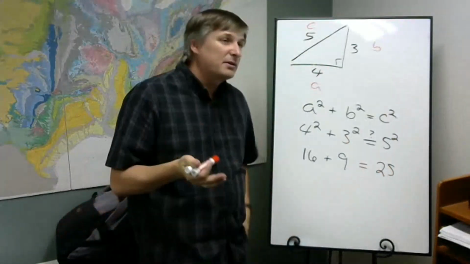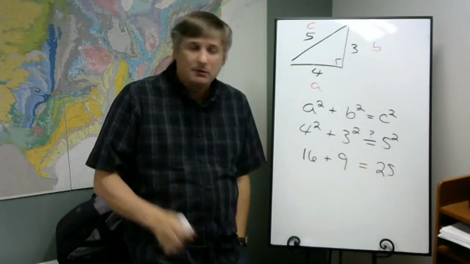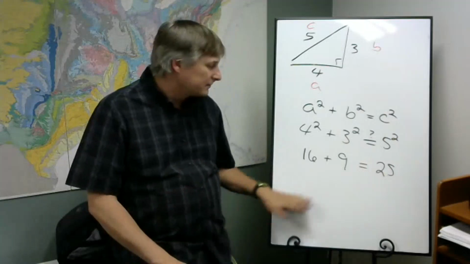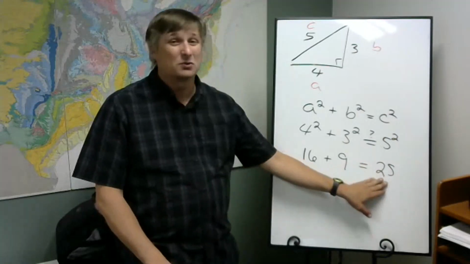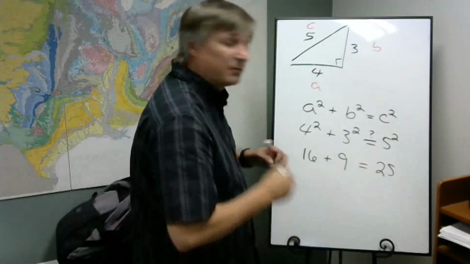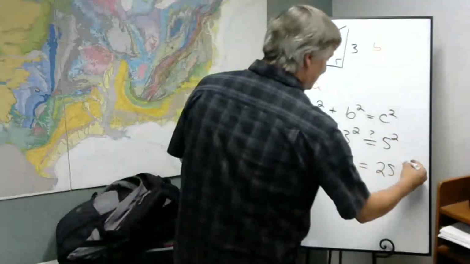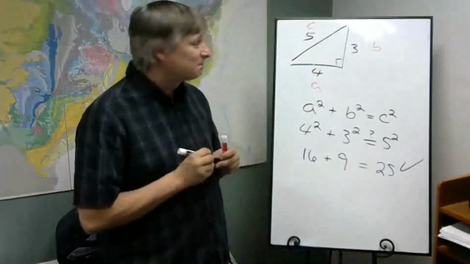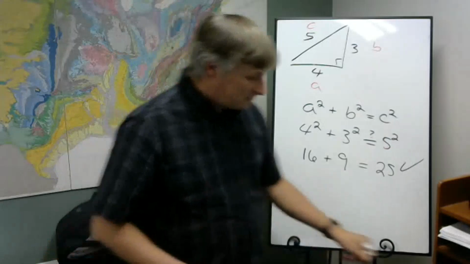So you can do the math on a piece of paper. Maybe you can do it in your head or bust out a calculator. 16 plus 9, sure enough, it's 25. So the theorem works. There we go. So just something to throw at you out there.